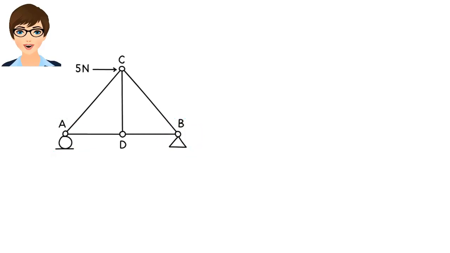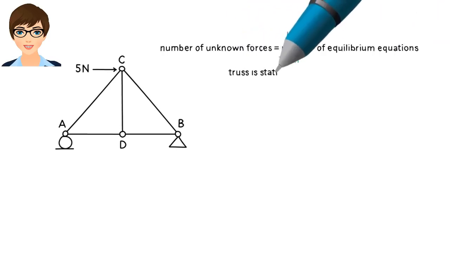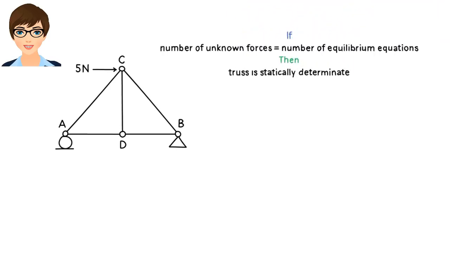The truss is said to be statically determinate if its member forces can be calculated solely using the equilibrium equations. Algebraically speaking, if the number of unknown forces equals the number of equilibrium equations, then the truss is said to be statically determinate.